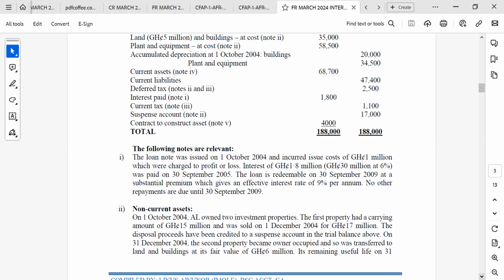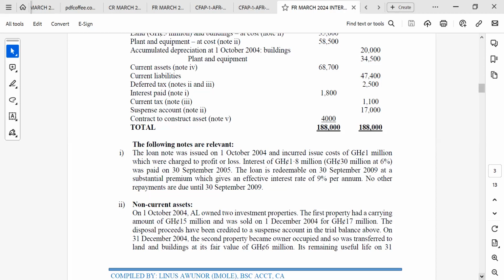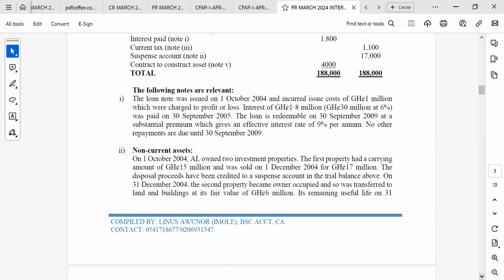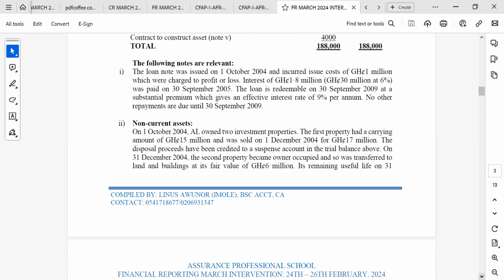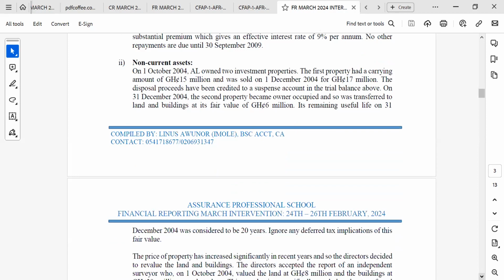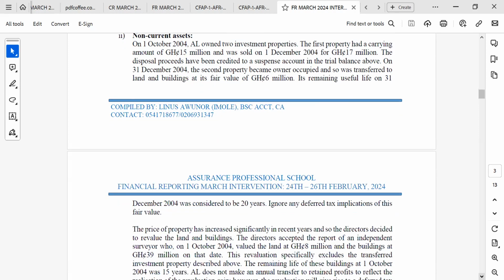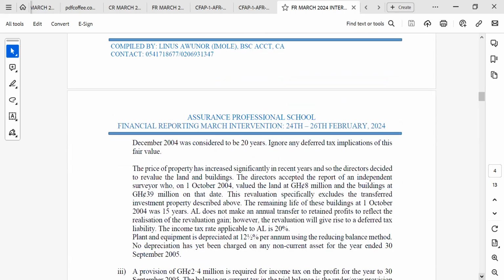On 31 December 2004, the second property became owner occupied and was transferred to land and buildings at its fair value of 6 million cedis. Its remaining useful life on 31 December 2004 was considered to be 20 years. Ignore any deferred tax implication of this fair value.